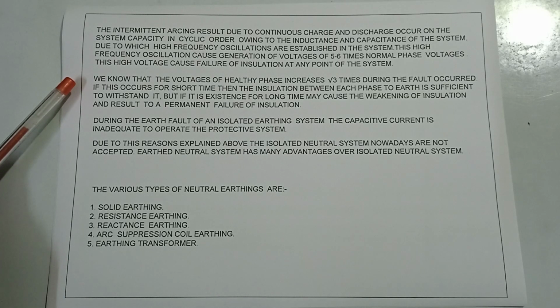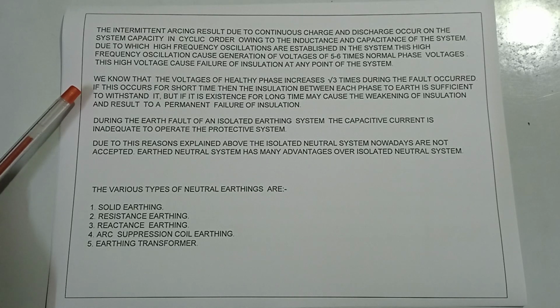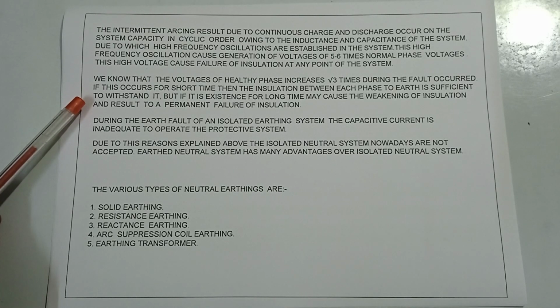We know that the voltages of the healthy phases increase root 3 times during the fault. If this occurs for a short time, then the insulation between each phase and earth is sufficient to withstand it. But if it exists for a long time, it may cause weakening of insulation and result in permanent failure of insulation.